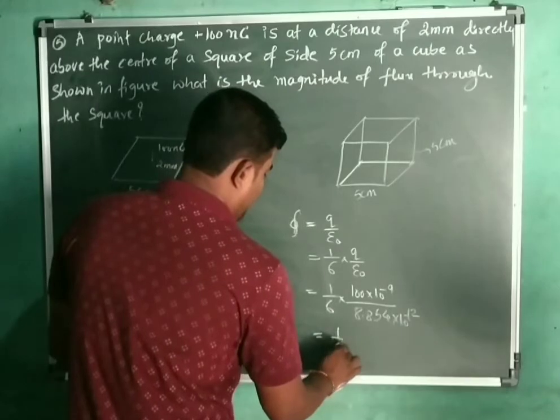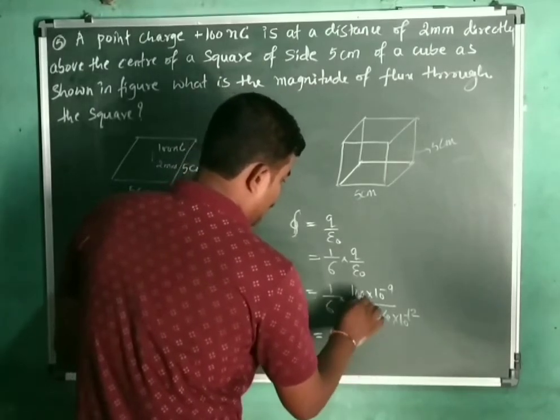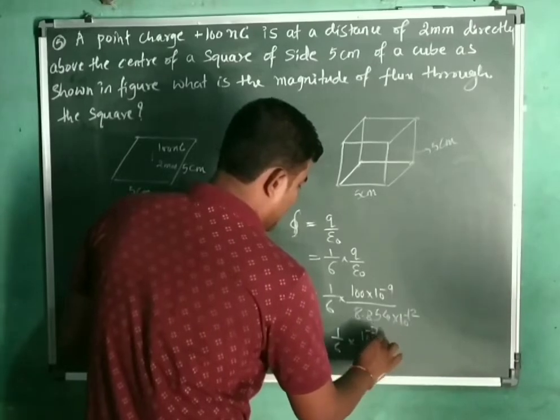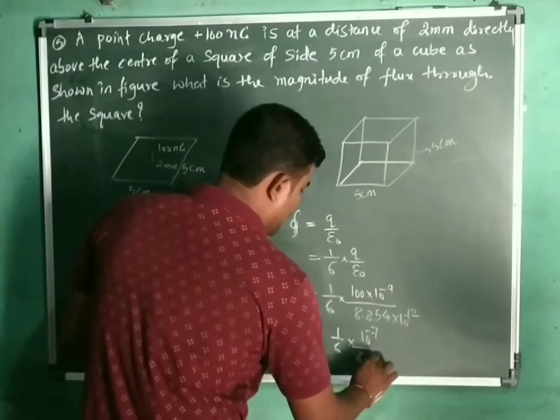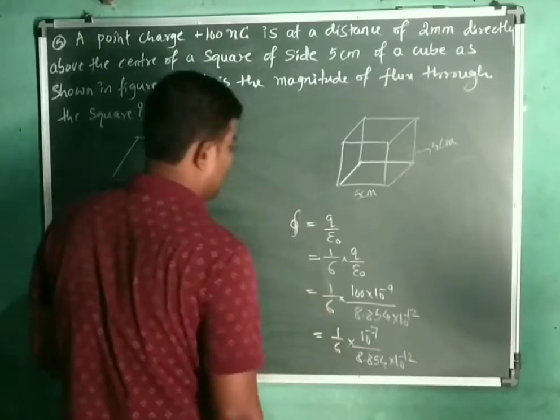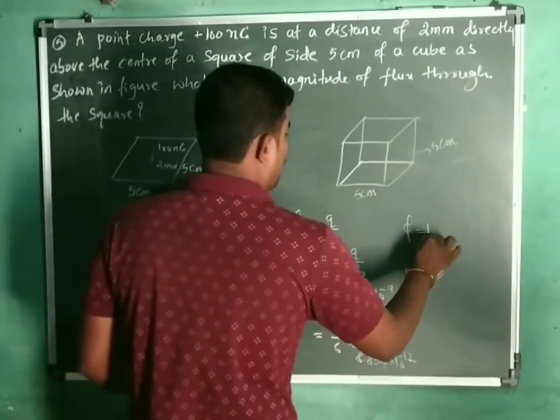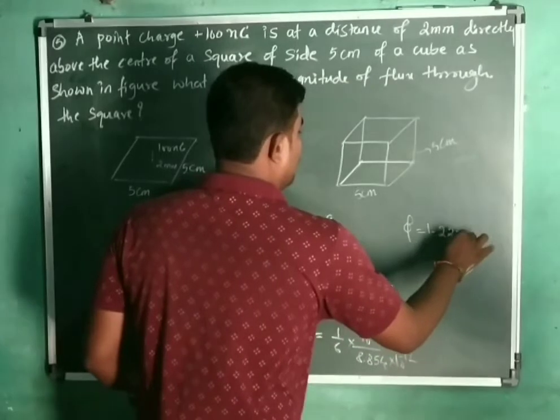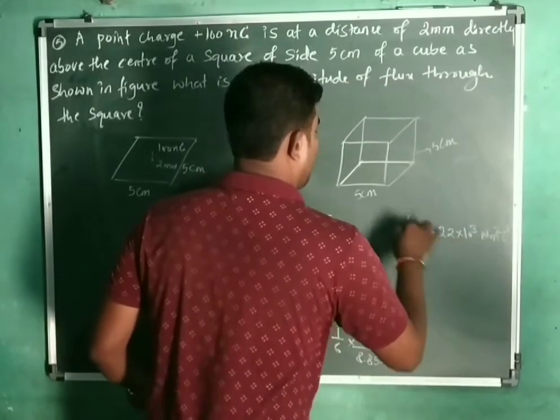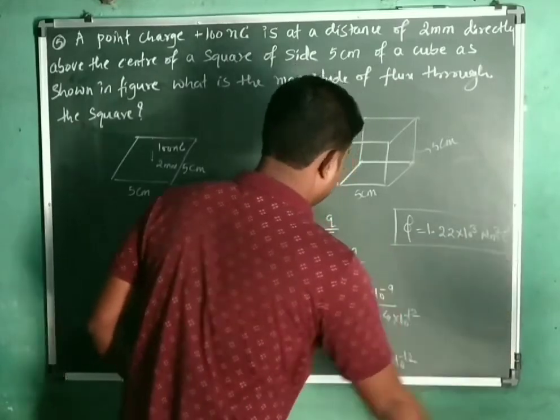So it is 1 by 6, 10 to the power 2 and 10 to the power minus 9, it is 10 to the power minus 7 divided by 8.854 into 10 to the power minus 12. Therefore, flux is equal to 1.22 into 10 to the power 3 Newton meter square per coulomb approximately.